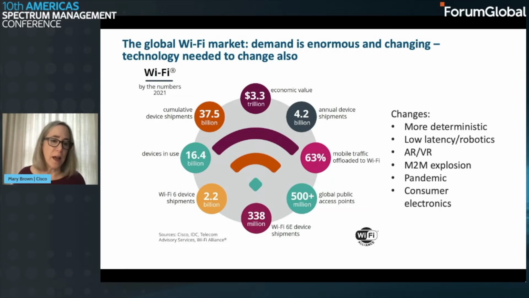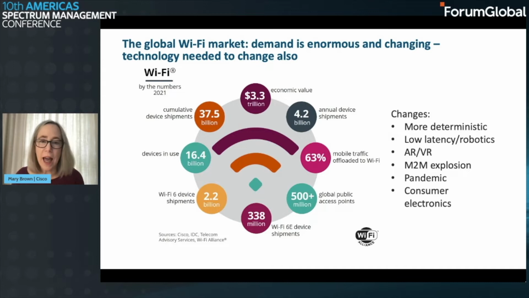This has been a tremendous success, growing from the 2.4 gigahertz band and portions of the 5 gigahertz band. It is such a success that in some ways we are a victim of our own success. It has become very popular, and in many places and for many purposes, the band is becoming more crowded.